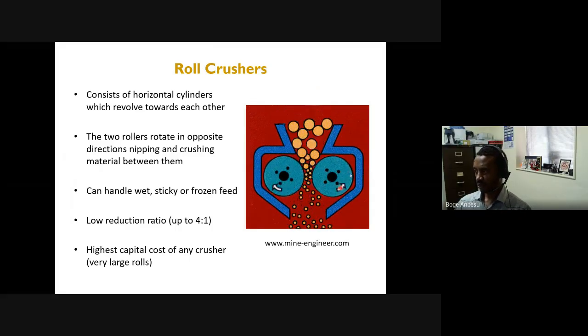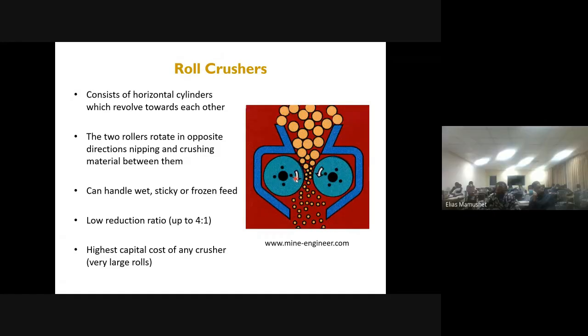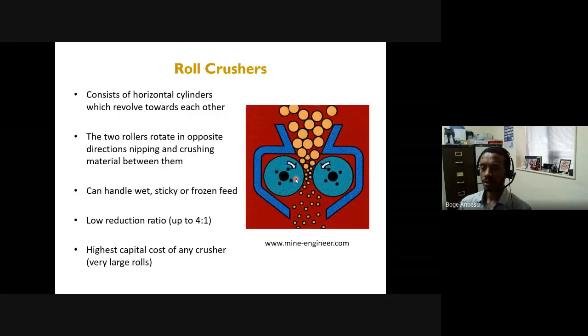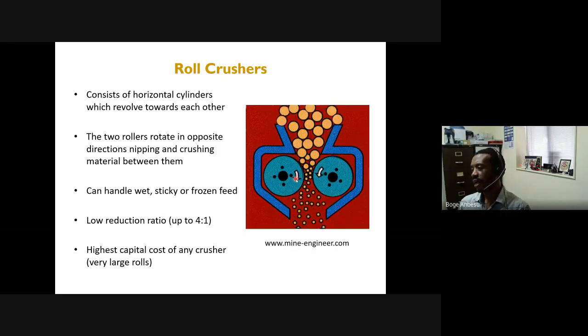As they rotate towards each other, the rolls nip the rock between them and apply a squeezing or crushing force, and the rocks will be shattered, impacted upon, and fracture to produce lots of smaller pieces.